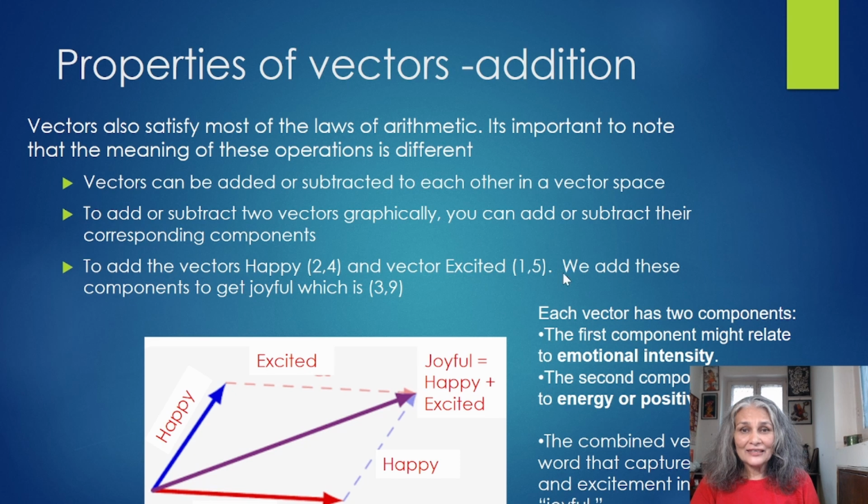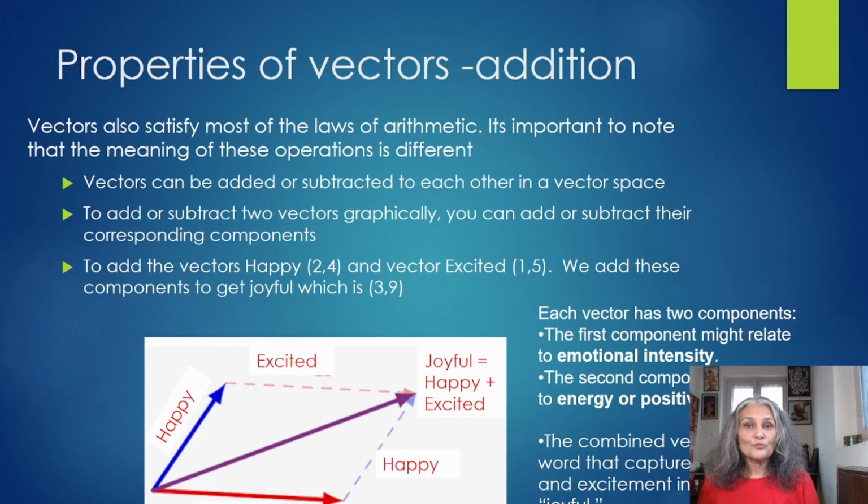If we add these components, we get the following vector, which is 3,9. That is to say 2 plus 1 and 4 plus 5. This vector we can possibly say is the word joyful, which is equal to happy plus excited.